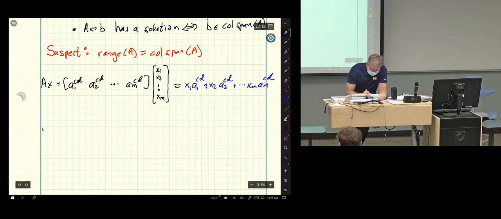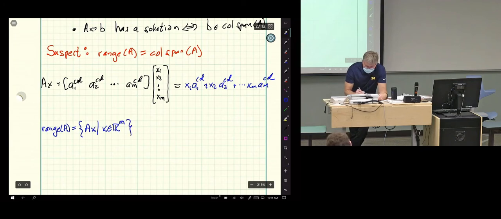And so we write range of A, so that's all things that look like AX, where X is an arbitrary thing in R^m. A is n rows and m columns.